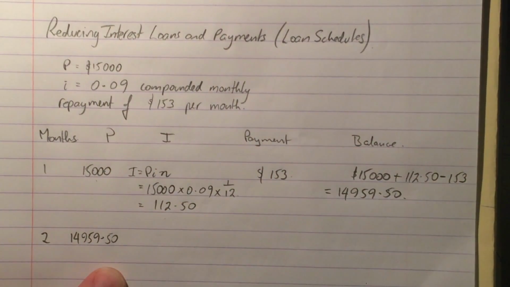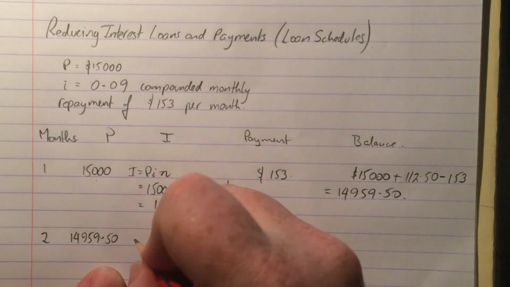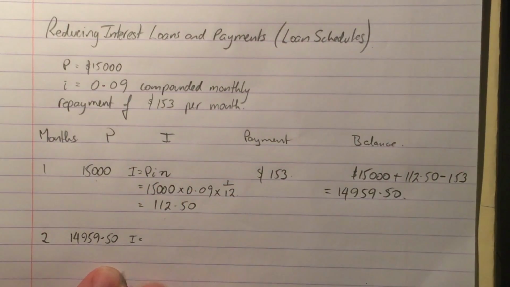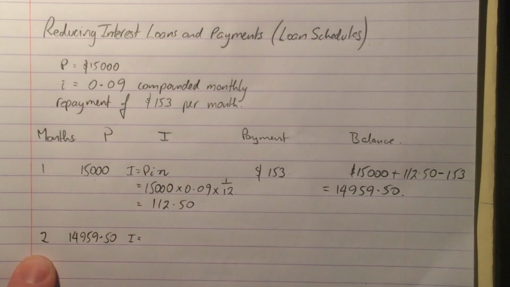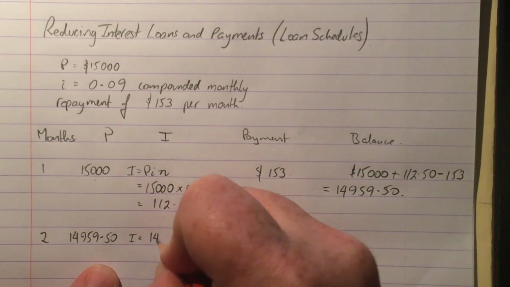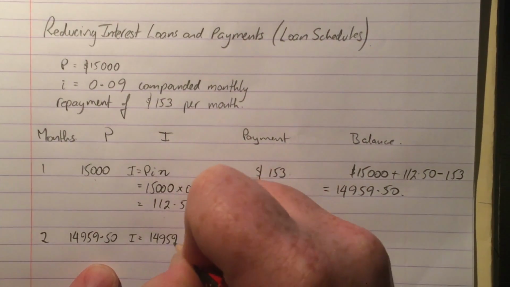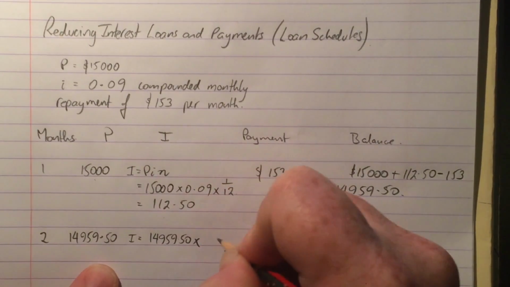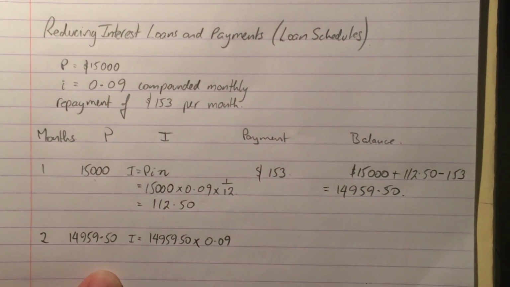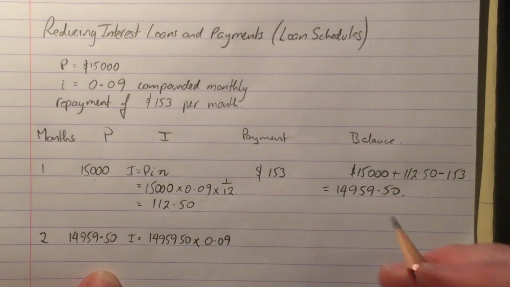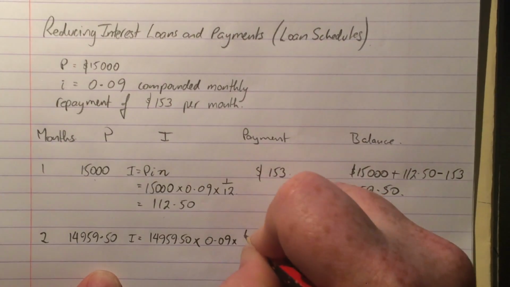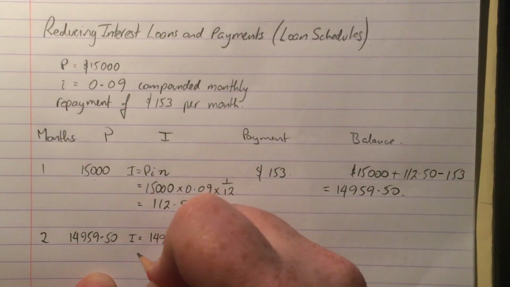$14,959.50. So we're just going to repeat the same process. The interest that will be charged over the course of the second month will be $14,959.50 as the principal times the rate, 0.09, that's decimal, and we're calculating the interest over 1 month.